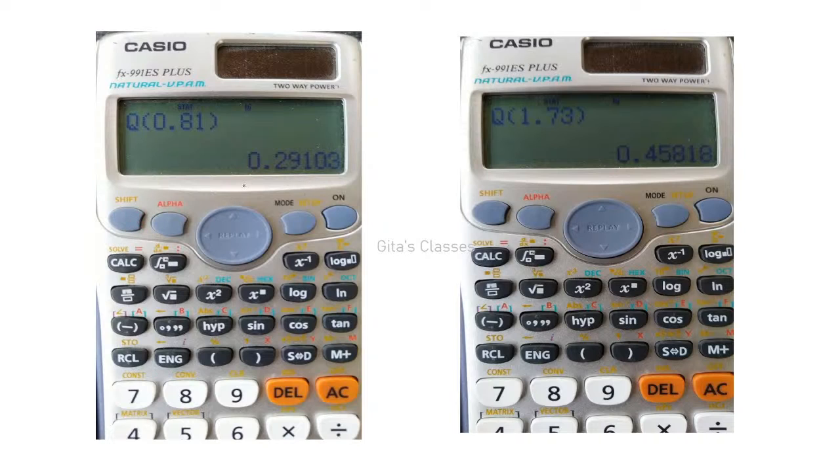Shift 1, then 5. That is distribution. From the name you can find out, even if there is any change in the calculator. Here 5 is for distribution. In the next advanced calculator, you can use your arrow keys.